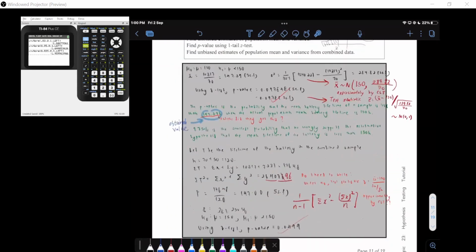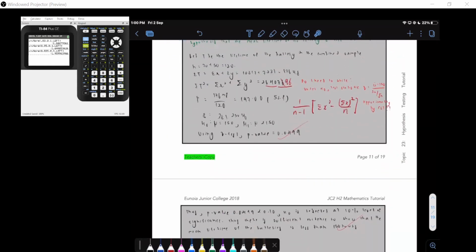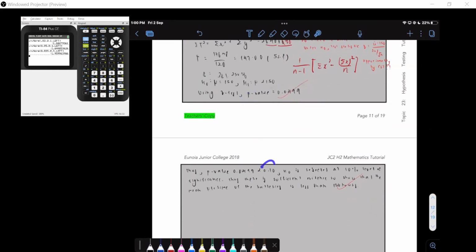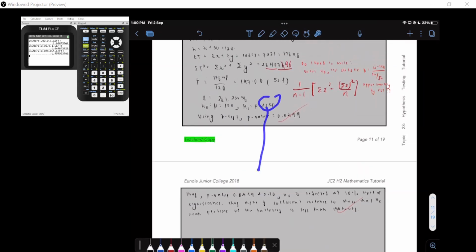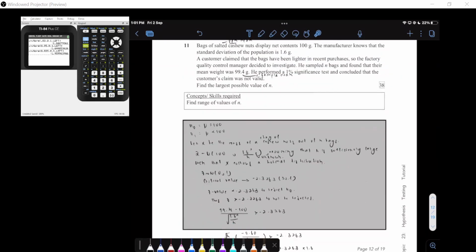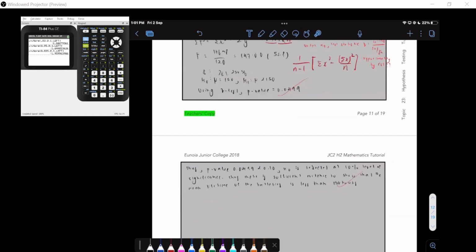Here we are doing a z-test to get a p-value, and then you compare with 10%. You realize it's less than that. So because this is a left tail test, and you have less than, it means that you have to reject at 10% level. Sufficient evidence to show that the alternative hypothesis is true. It's less than. Okay, Ken. No questions? No.